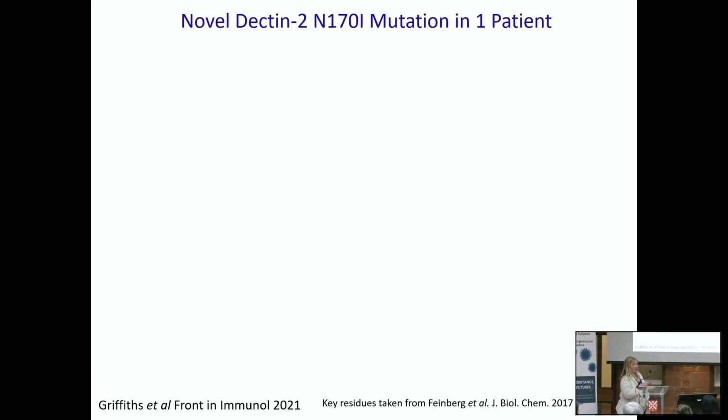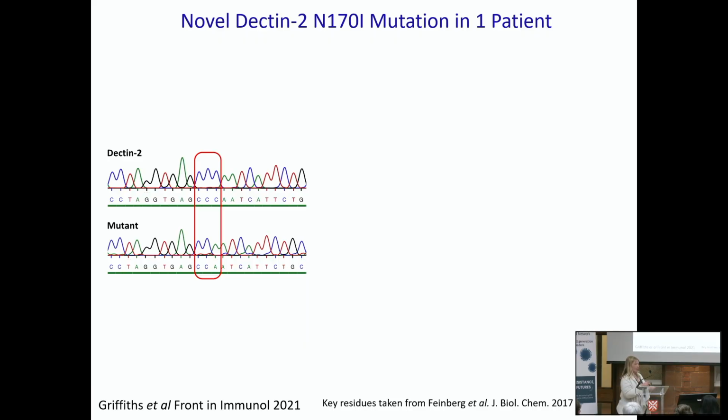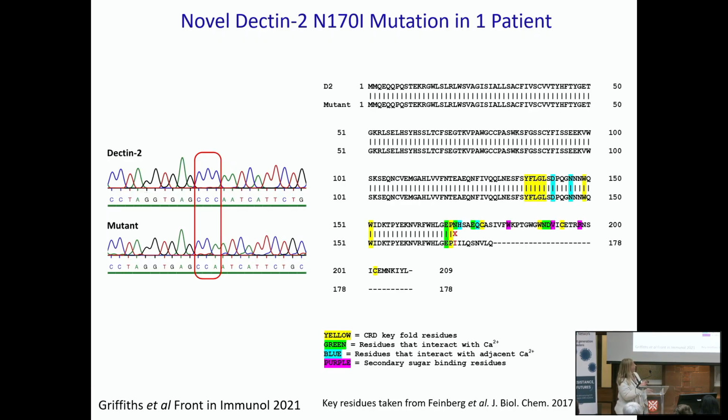We did identify a novel mutation in Dectin-2. We just found this in one patient, and it was a deletion of a base pair. It was a homozygous deletion, and so what it actually did was cause a frame shift and then result in an early stop codon. So quite a bit of the protein was no longer made, and these are quite important residues.